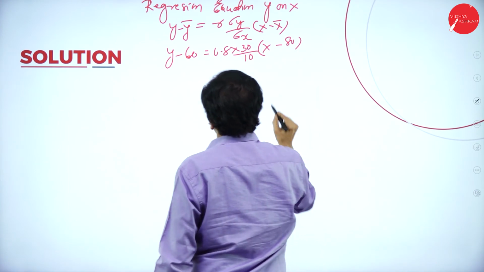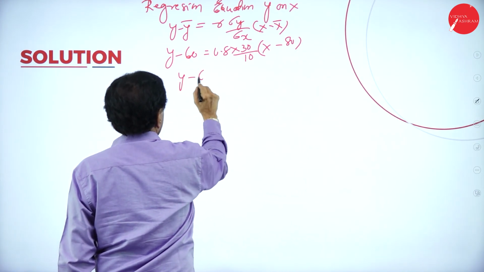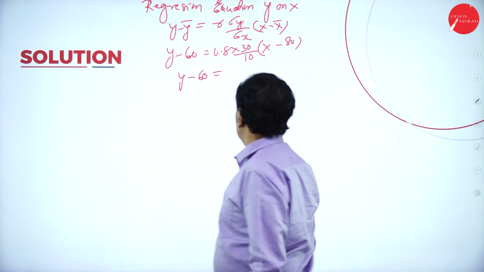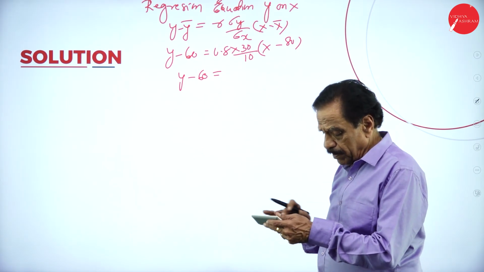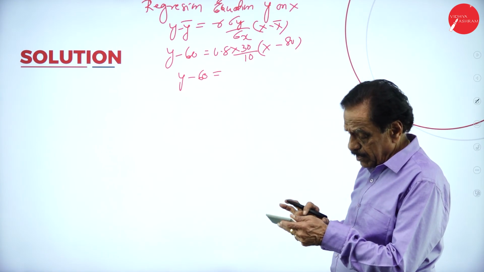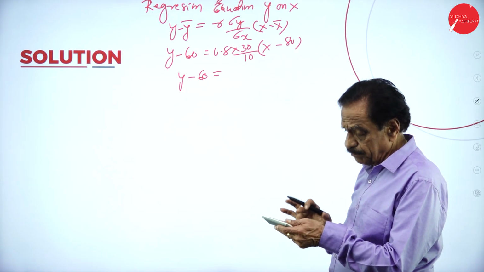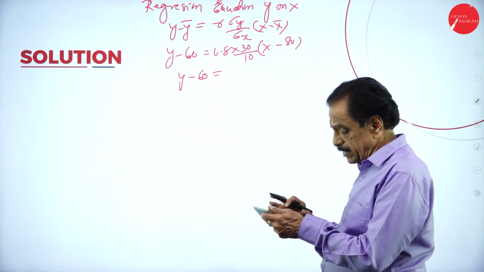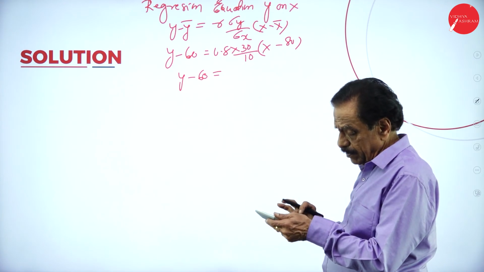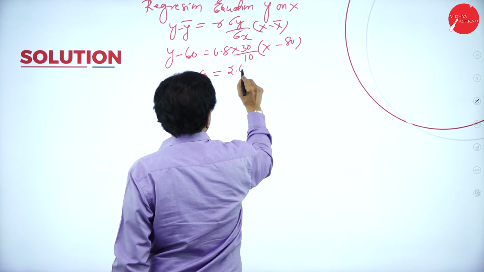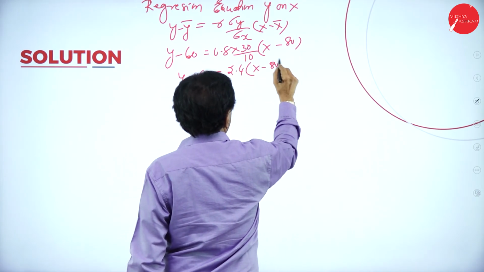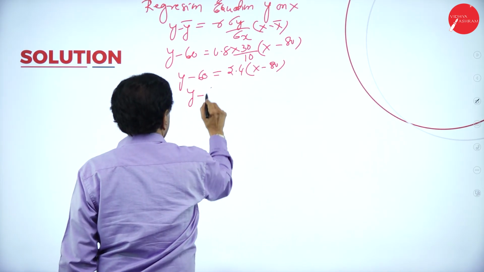Simplify. Y minus 60, 0.8 into 30 divided by 10, that is 2.4 into x minus 80.